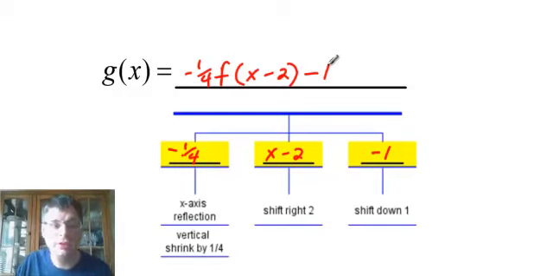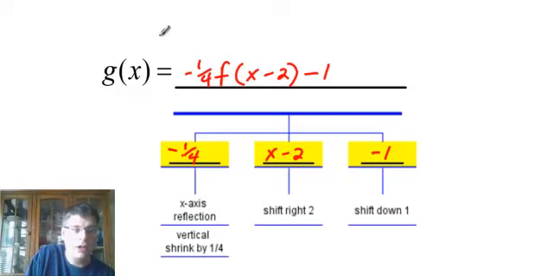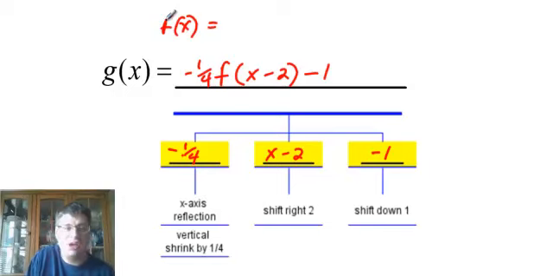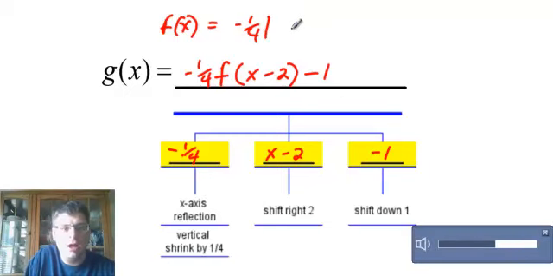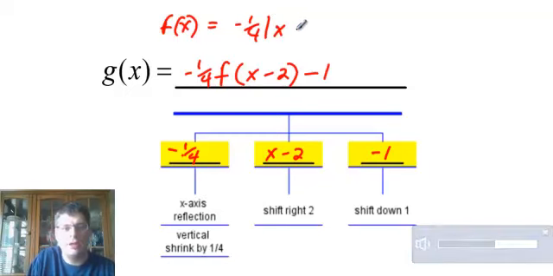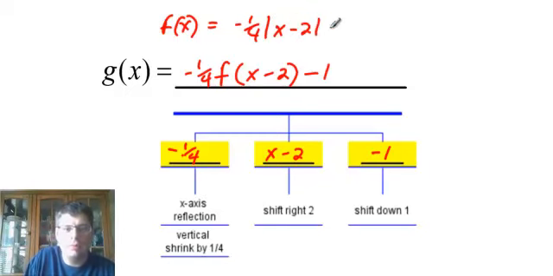So I'm just going to make up a function. Let's say I want to do absolute value. So as I write it as a function, I could do f of x equals negative 1/4 the absolute value of x minus 2, minus 1.